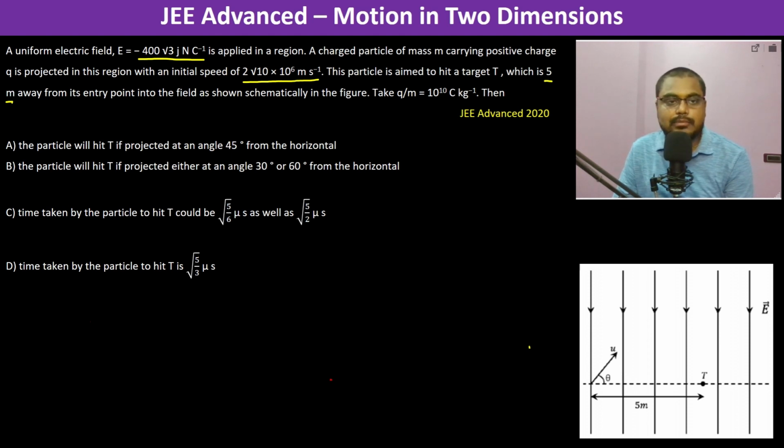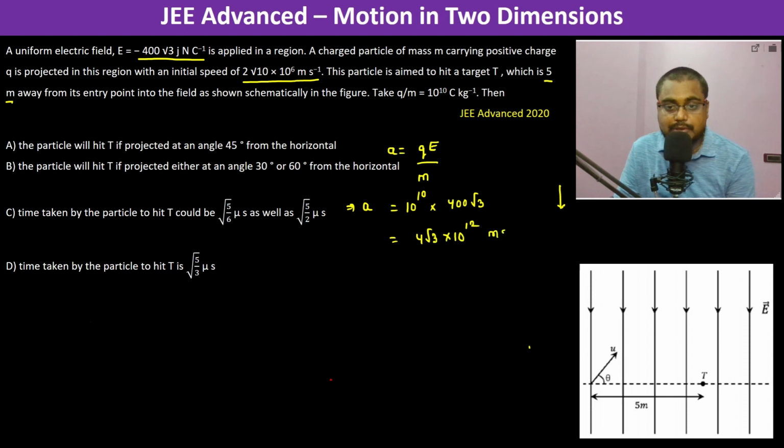So fine. So if we look carefully, the force on this charged particle is q into E, so the acceleration becomes qE divided by m. So this is going to be the acceleration in this direction. So q we don't know, q by m we know, so this is 10 to the power 10 into E. E is 400 root 3. Okay, so this becomes 4 root 3 into 10 to the power 12 meter per second square.